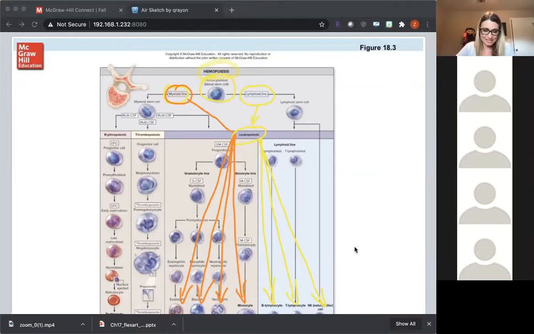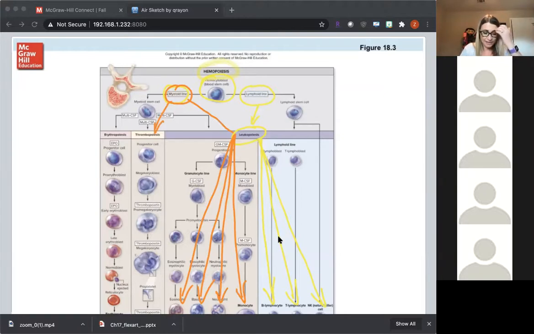So anyway, that's leukopoiesis. All right, let's stick with the myeloid line for some longer. The myeloid line can also lead to the process of thrombopoiesis, and thrombopoiesis is formation of thrombocytes, which is a fancy word for platelets.